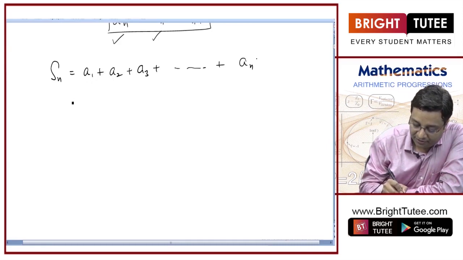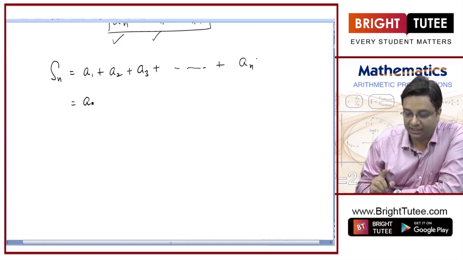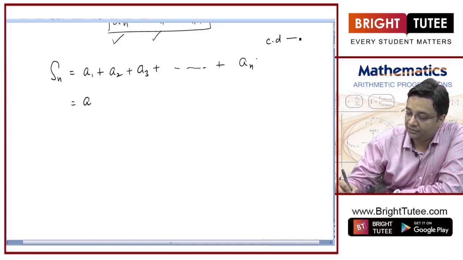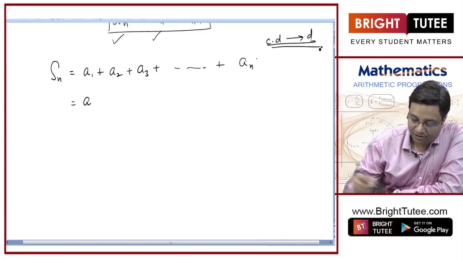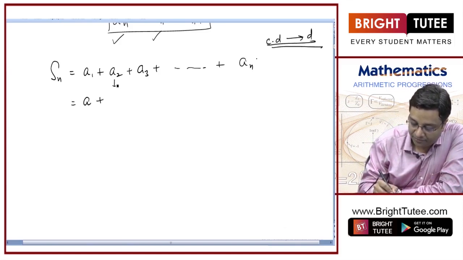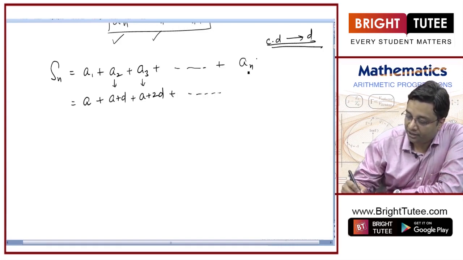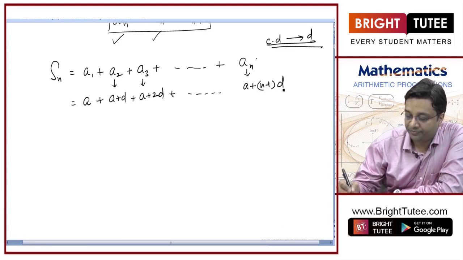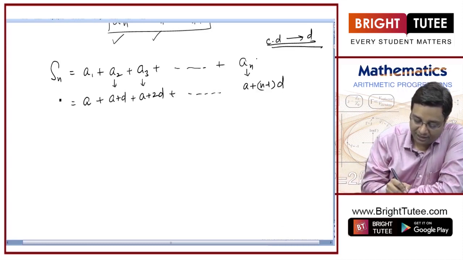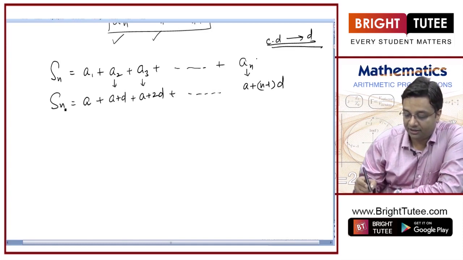Let us consider a1 equal to a, the first term is a, and the common difference we take as d. So the next term a2 will become a plus d, a3 will be a plus 2d, right? And so on up to an. An will become a plus (n minus 1) into d, right? So we need to find this sum.